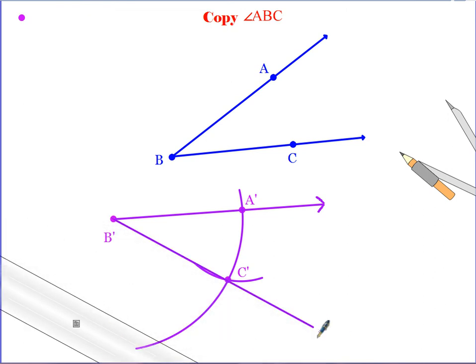Of course, since it's a ray, we're going to put the arrow on the end. And now we have an exact replica of our original angle. Again, it might not be in the same direction or exactly the same place, but if you use a protractor and measure the two angles, they should have exactly the same measure.